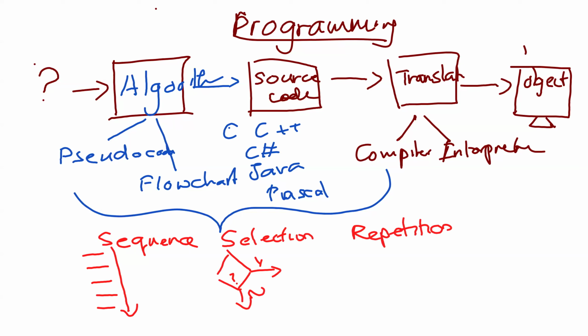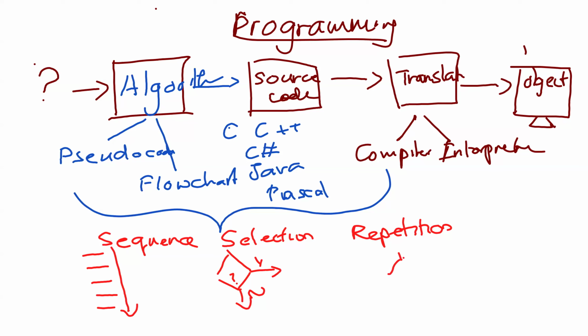And the next point is what? Repetition. While you are executing your program according to the given sequence or given order, there are some places where you have to execute the same thing again and again. So what is that? That is repetition.